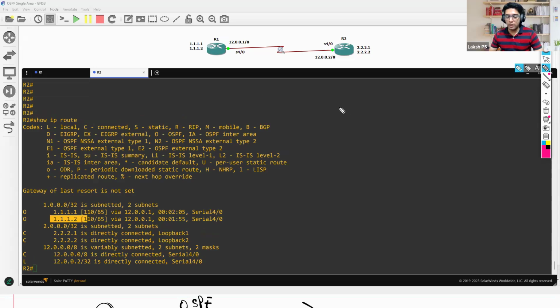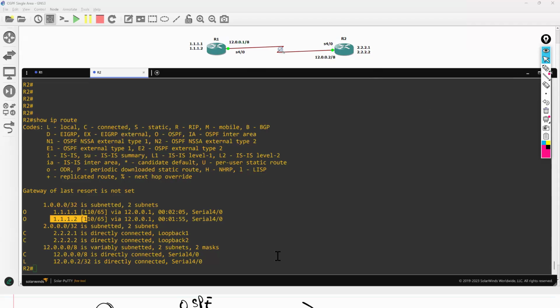So it is not advertising just this network through this interface. It is advertising not only this network but every other network where OSPF is enabled. That is why R2 now knows about these two IP addresses as well. Clear? Yes, got it.